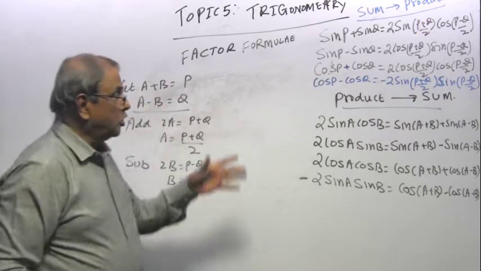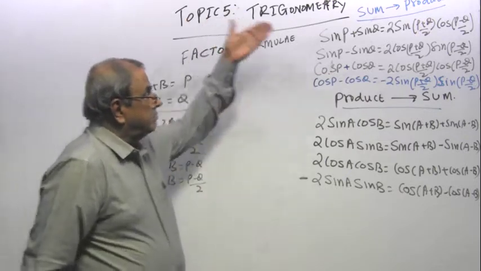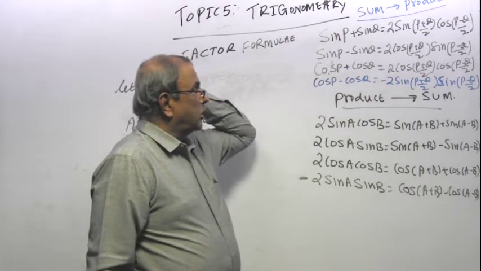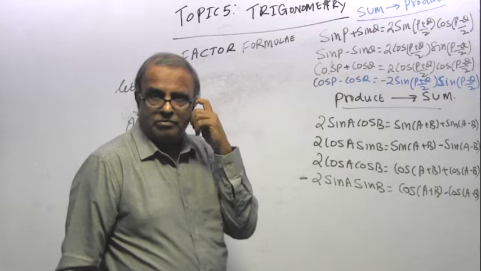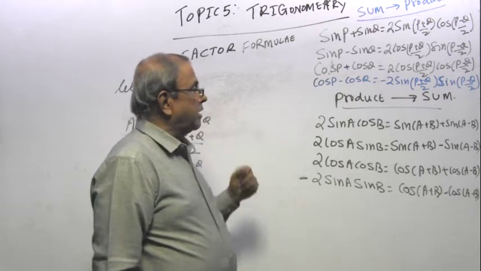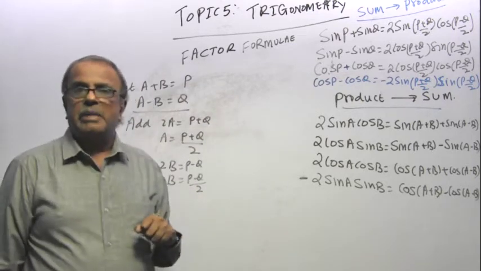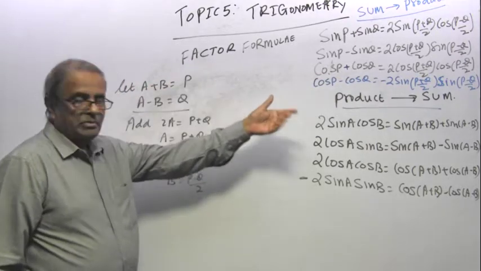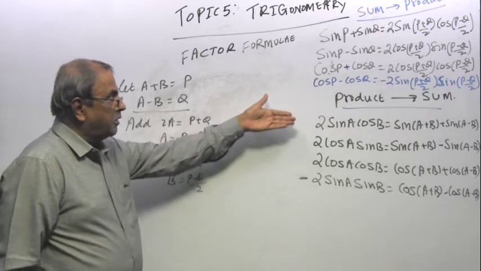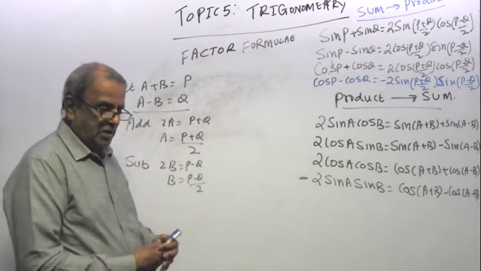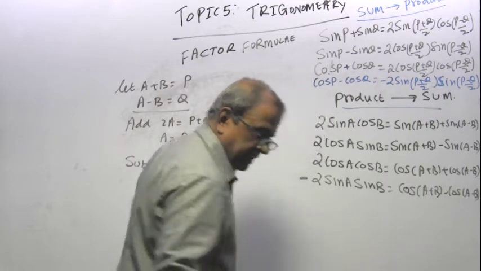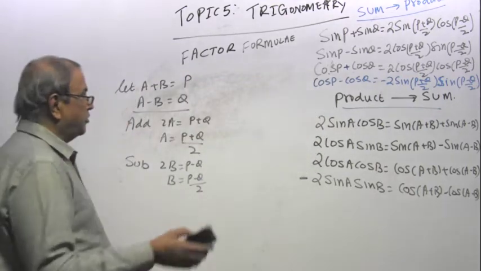If they ask you, show that sine P plus sine Q equals 2 sine (P plus Q over 2) cos (P minus Q over 2), where P is A plus B, Q is A minus B, then you have to find sine of A plus B, sine of A minus B, find that formula and convert it. Okay? I'm not saying they're going to ask, but they are well within their rights to ask.